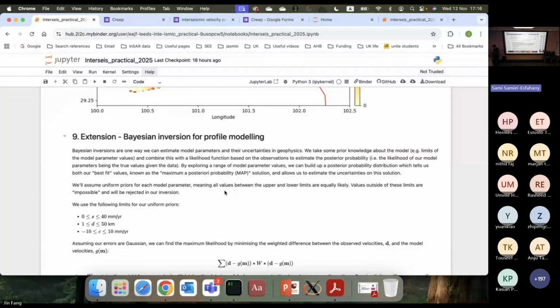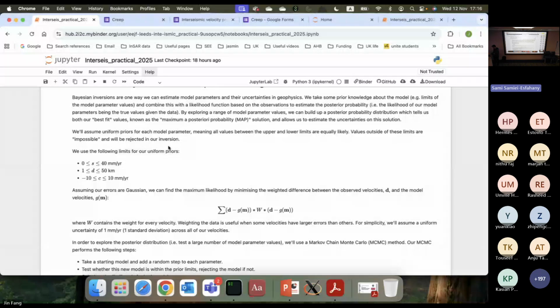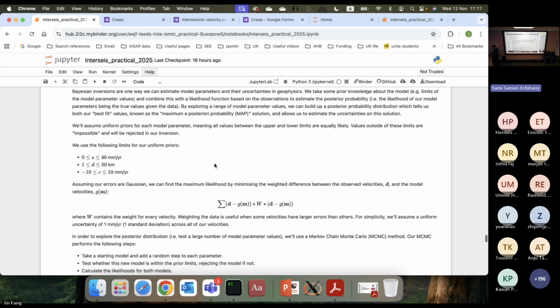The idea is to combine some prior knowledge about the model with a likelihood function based on the observations, which gives us the posterior probability. We assume uniform priors for each model parameter using these limits, meaning all values between the upper and lower limits are equally likely. Values outside of these limits are impossible, and they will get rejected during the inversion.